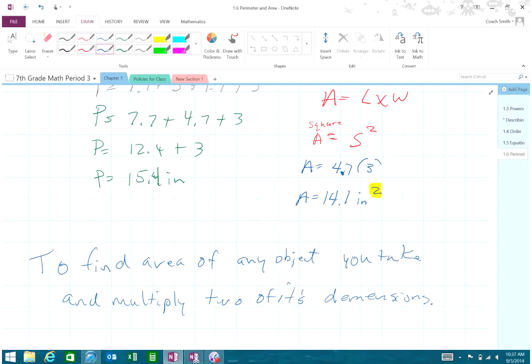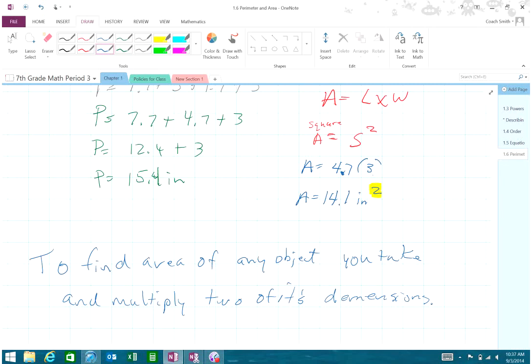Okay. So that's only for rectangles and squares? No, it will be for any object. That's a good question. For any object, whether it is a square, rectangle, hexagon, triangle, octagon, it must have the square if you're figuring the area. Okay? So for a triangle, the area is 1/2 times base times height.